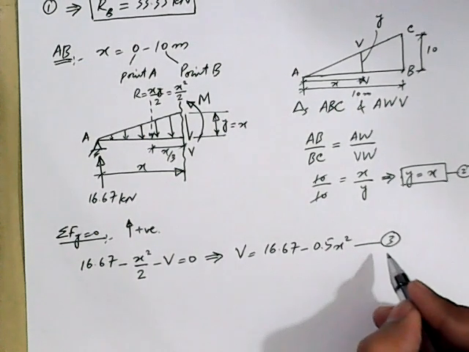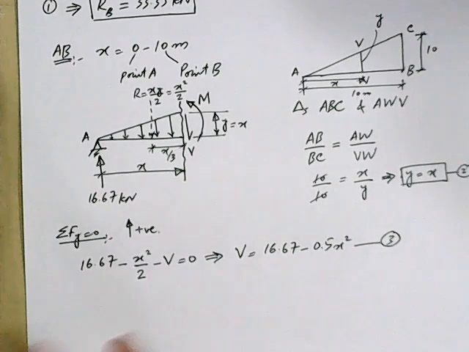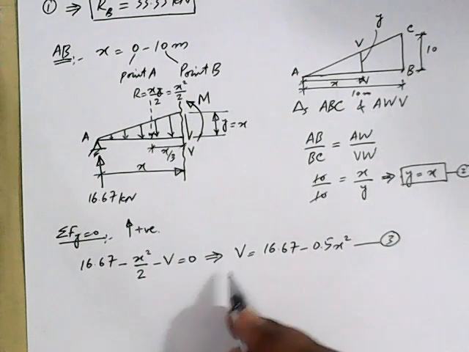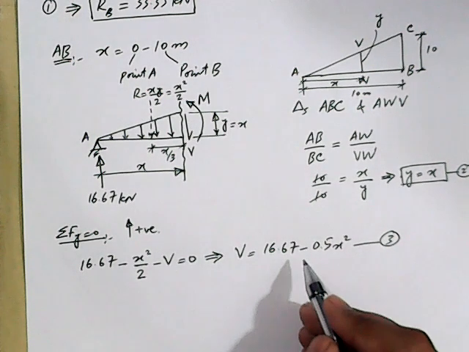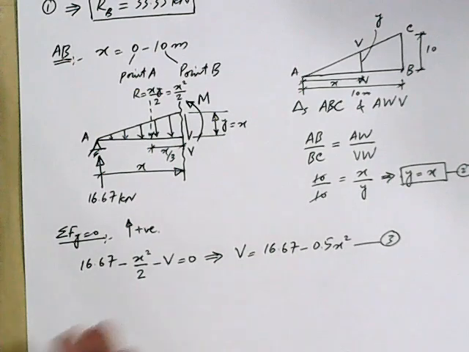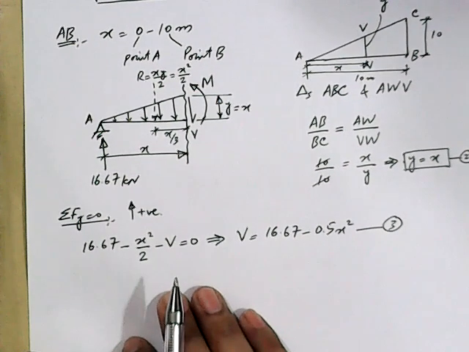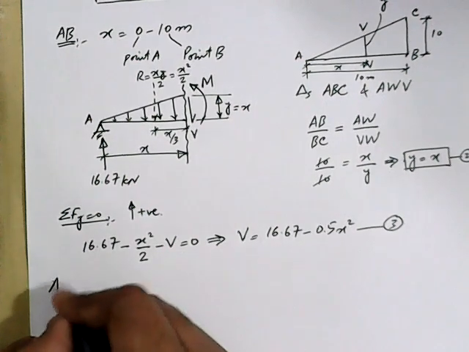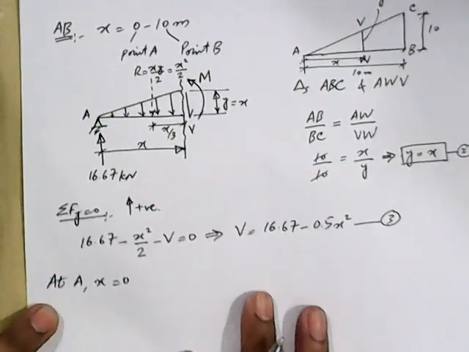So from this equation number 3, this is the expression for shear force for the entire beam. Now as we can see that x is involved in this equation, which means that shear force is changing throughout the length of the member. So we will have to calculate it for point A and point B. So at A, x is equal to 0.